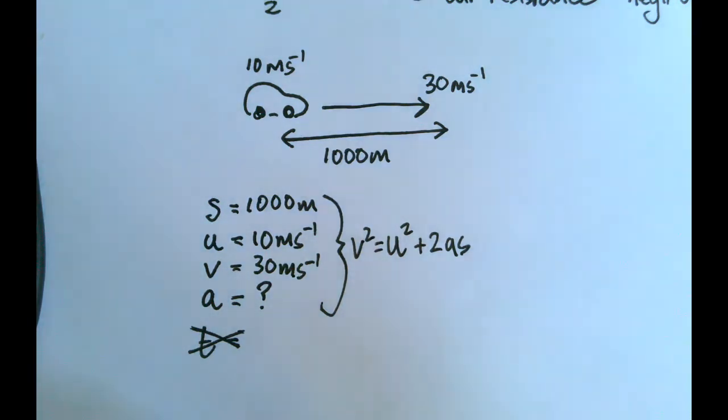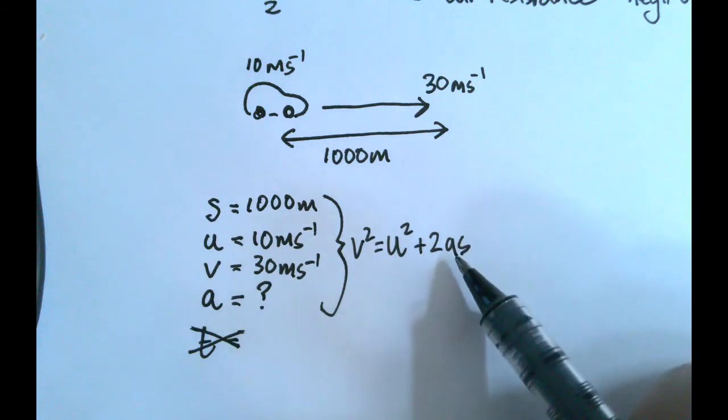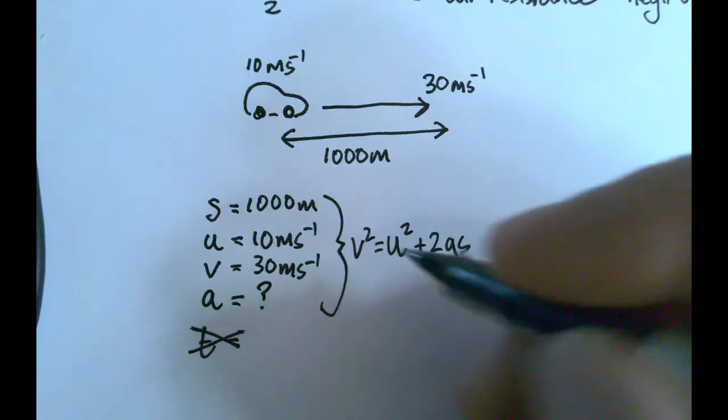Now at GCSE you would be encouraged to put the numbers in the equation and then solve it. At A level, because it gets a bit more complex later on, we wouldn't recommend that. What I would do is rearrange this and make the acceleration the subject of the formula.